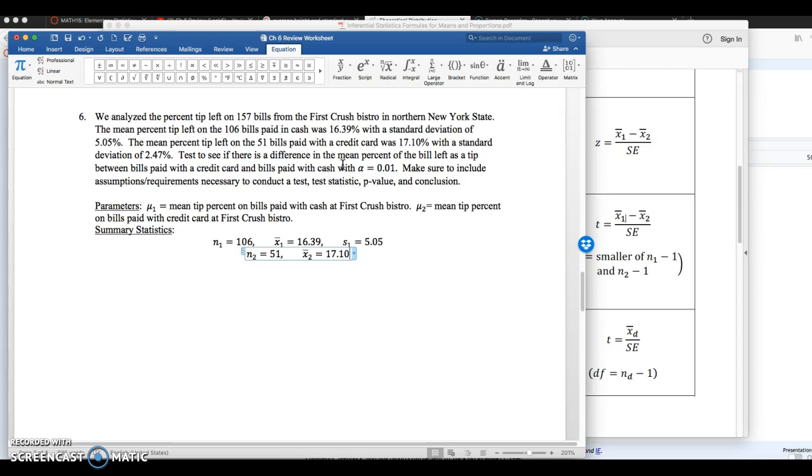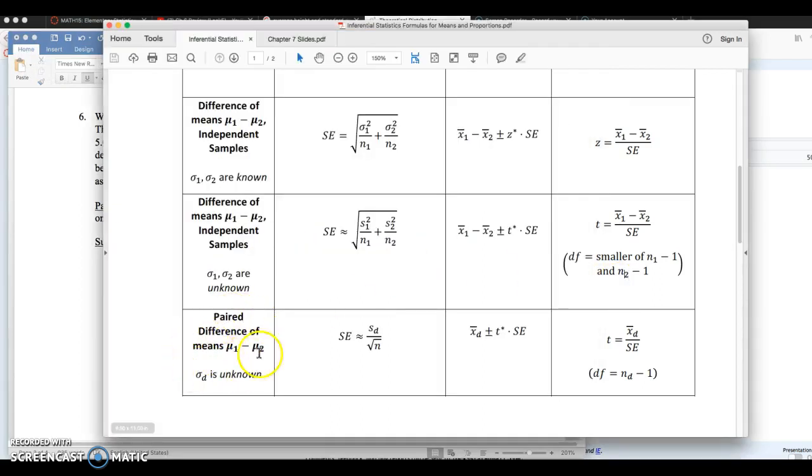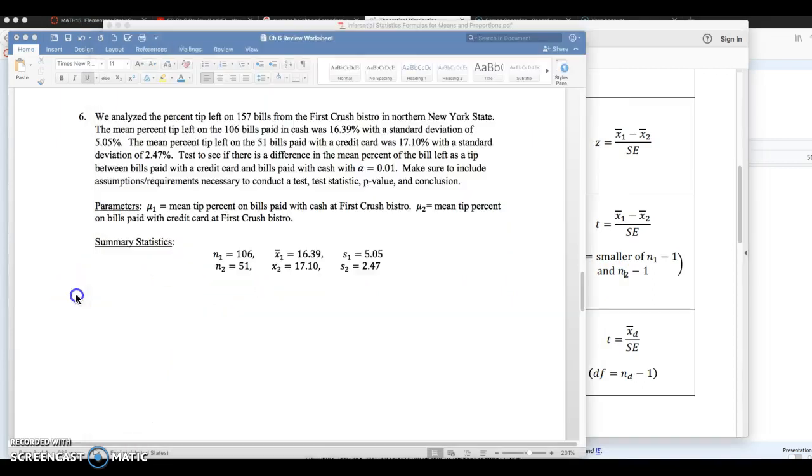And the standard deviation for those credit card bills was 2.47. Okay, so just to note, we've got 2 different sample sizes, so it cannot be paired. We're not looking at a paired scenario. We have independent samples. I'm going to put a note on here.